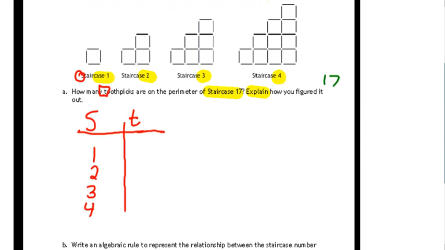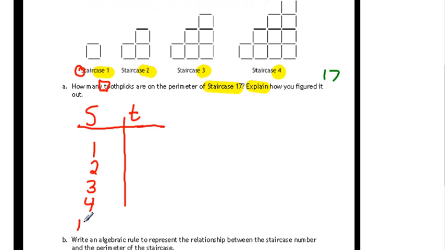I'm also going to go all the way down to 17. For number 1, it's 1, 2, 3, 4. So I have 4 right here. For this one, it's 1, 2, 3, 4, 5, 6, 7, 8. So I have 8.